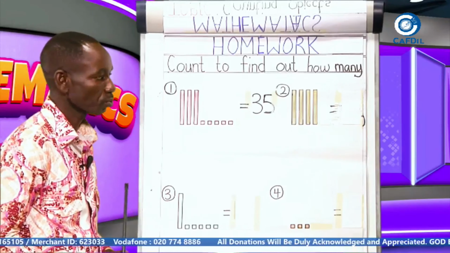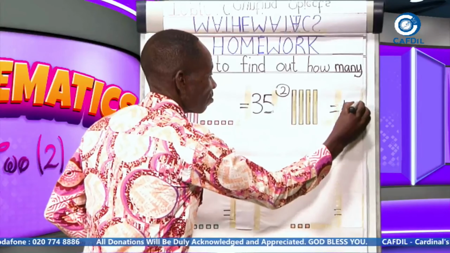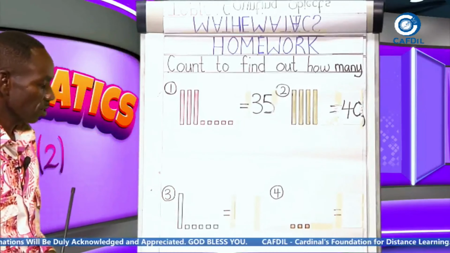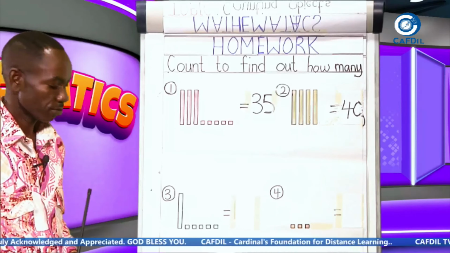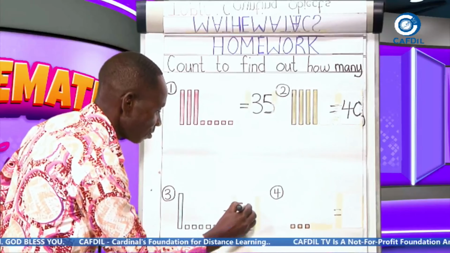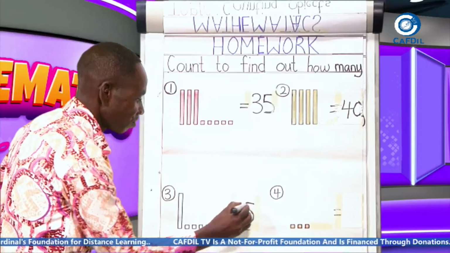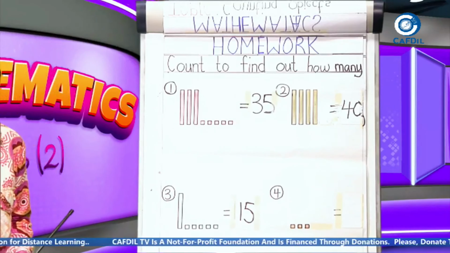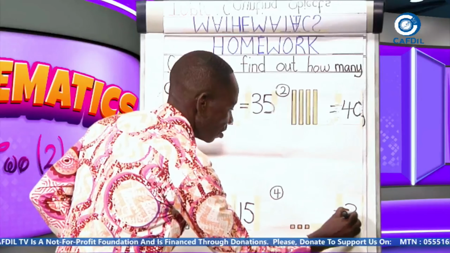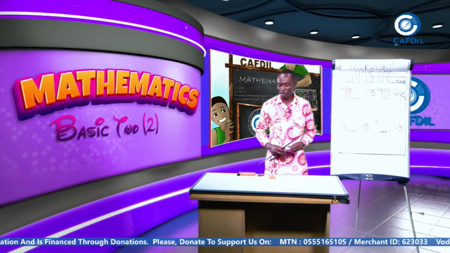For question 2, you had 40. For question 3, you had 15. And then for question 4, you had 3. Well done.